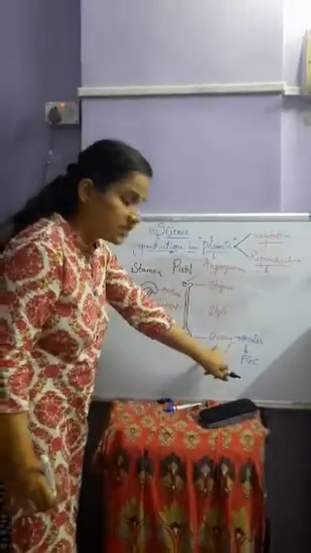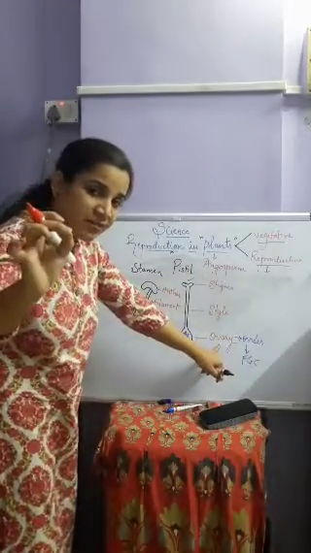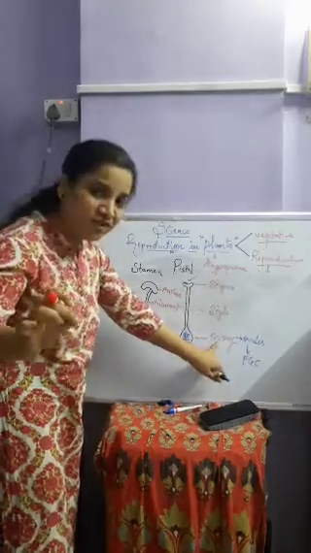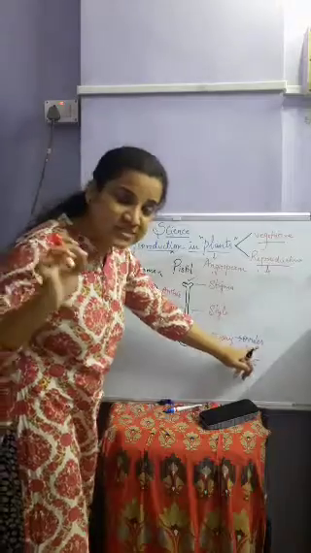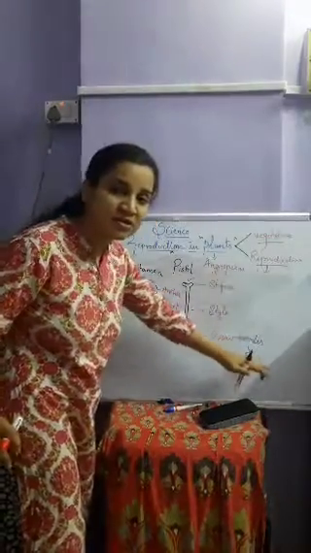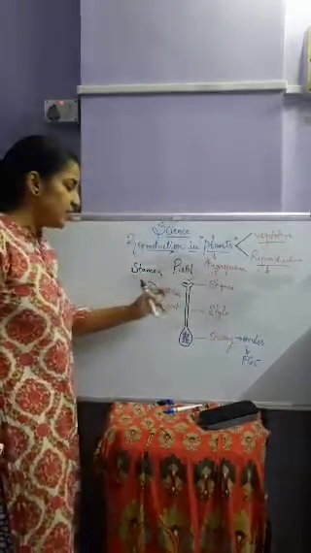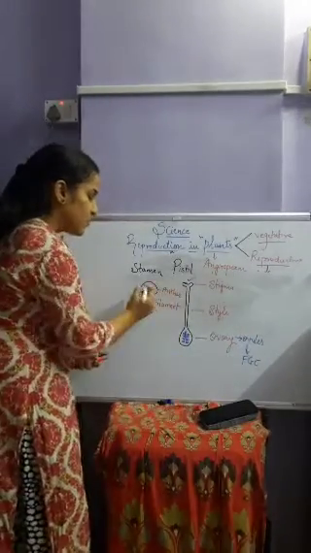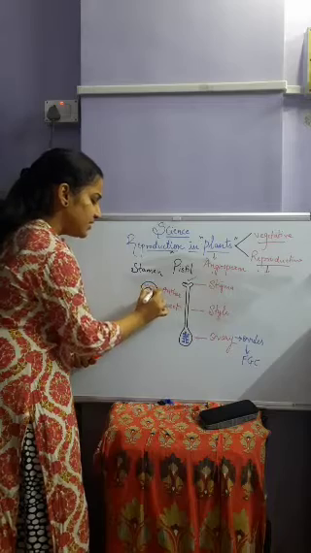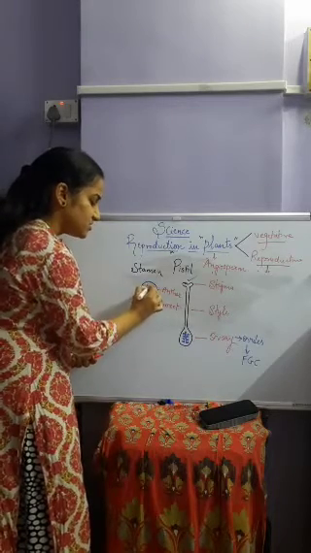Now as we have seen, the main reproductive part was the ovary. Inside the ovary there are ovules. Ovules are said to be the female germ cells. Similarly, inside the anther, we have very small, tiny, microscopic structures.